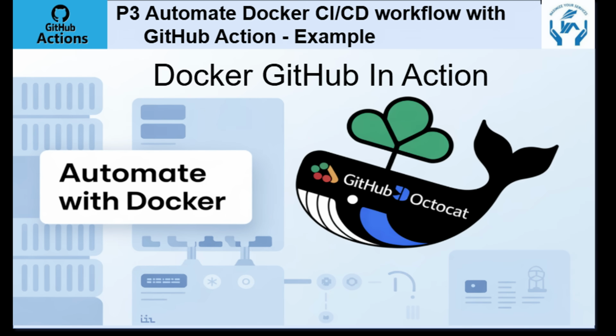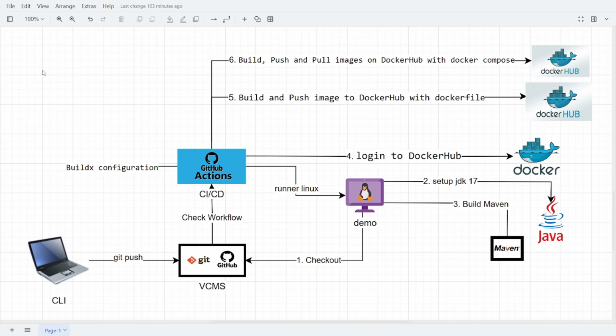So let's start. Okay guys, today we are going to do a very good example with this diagram. I already have drawn it to save your time. So here we have the CLI, our laptop or any machine where we are connected to our GitHub or our VS Code.